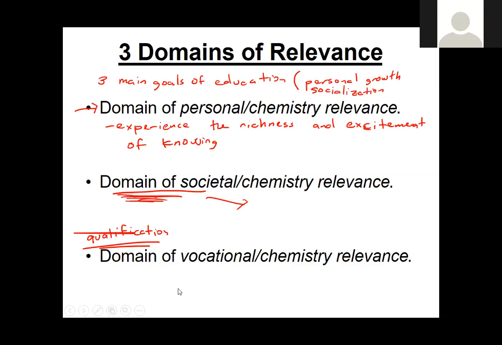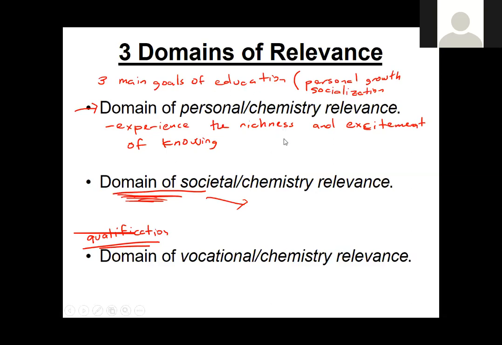So this is the one that will go into the field of science, or, if we're talking specifically, into chemistry. So these are the three domains of relevance as related to the three main goals of education.